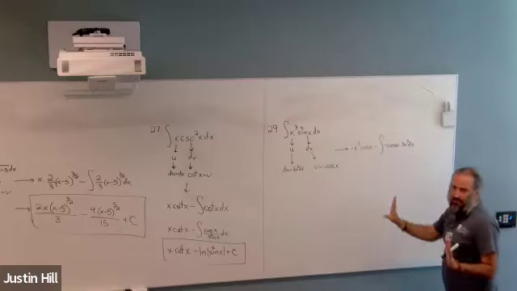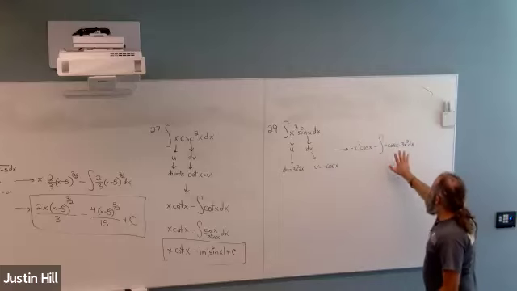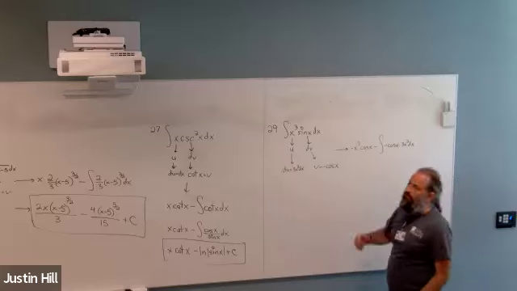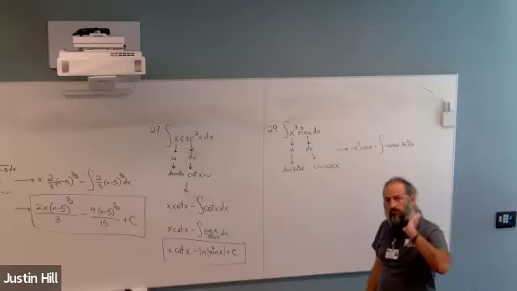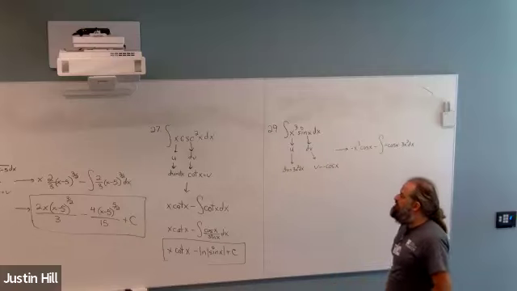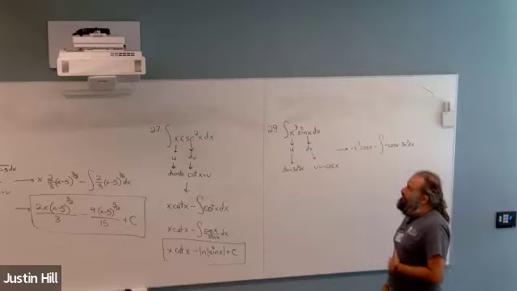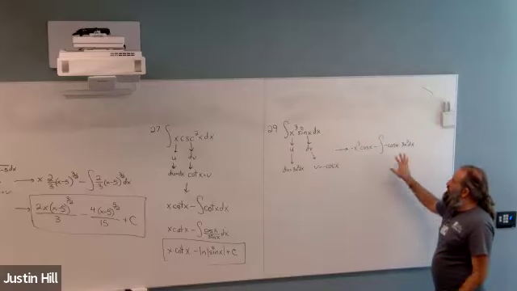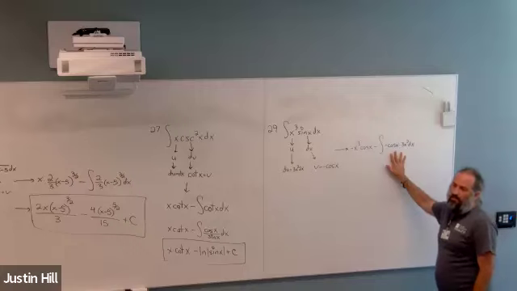Now let's analyze whether this was effective for us. Is this any easier to do than the original integral? I'll ask that question, see what you guys think. Maybe you're saying yes, and maybe you're saying no. At the least, note that in some sense it's kind of the same, right?